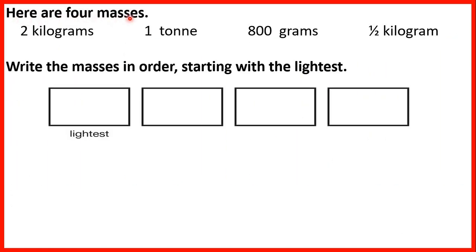Here are 4 masses. We have 2 kilograms, 1 ton, 800 grams, and half a kilogram. Write the masses in order, starting with the lightest.